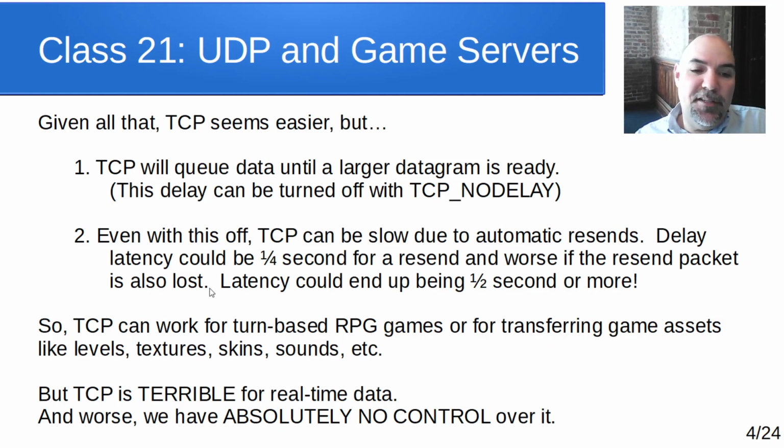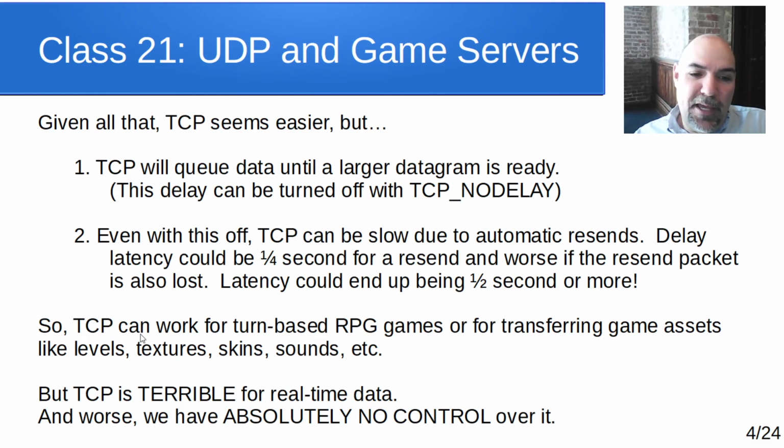So you can have latencies in TCP that are half a second, 3/4 of a second. Notice that for a real-time game, like a first-person shooter, that's going to be a catastrophically frustrating experience for the user. If they have somebody lined up in their sights and they click the button to shoot, and a half second later, the bullet finally fires and the person is already gone.